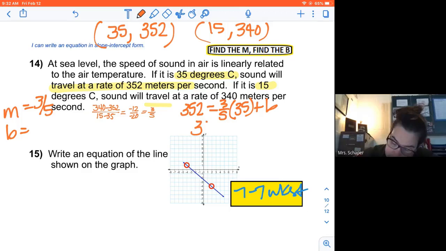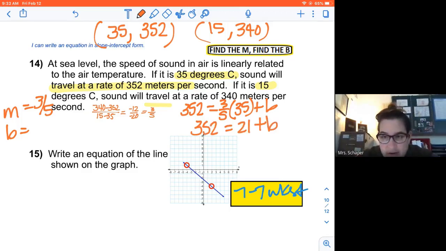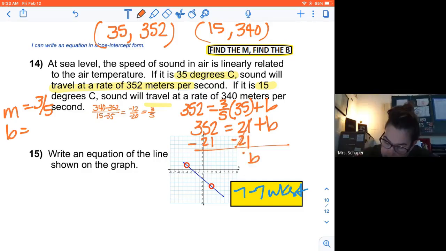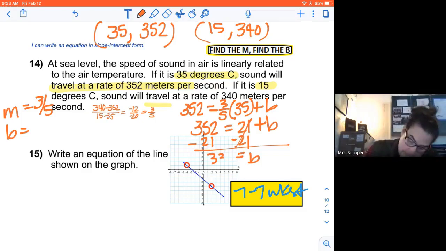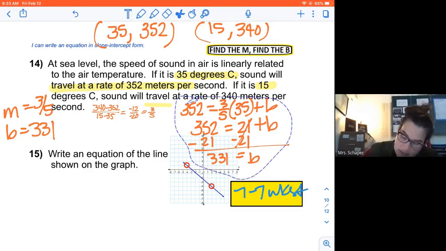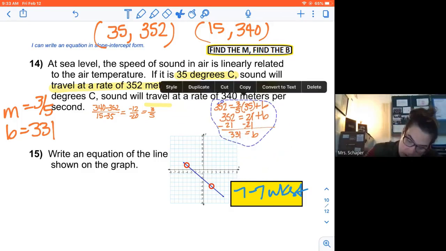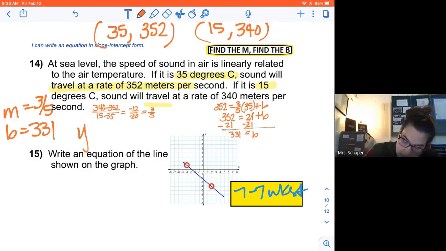So 352 is equal to 21 plus B. You can type that into your calculator. That's fine. Subtract 21. B is 331. So again, what do I need to do to find my rate of change and my starting amount? So my equation is Y equals 3/5 X plus 331.